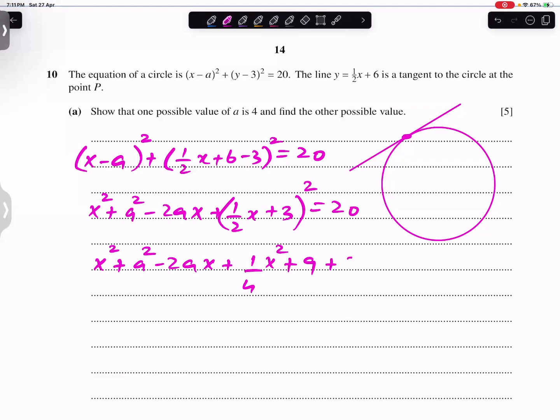So that will be 3x minus 20 equal to 0. So x square plus 1 over 4 x square, that will be 5x square over 4, plus, take x common, so (3 minus 2a) times x, plus a square, 9 minus 20 will be 11.